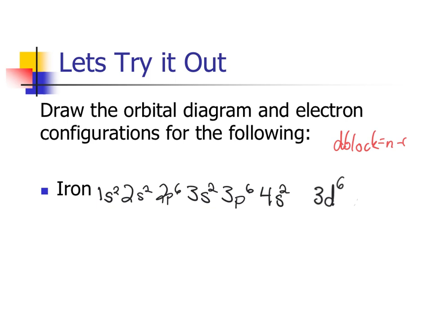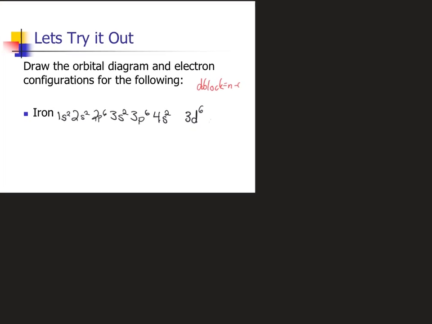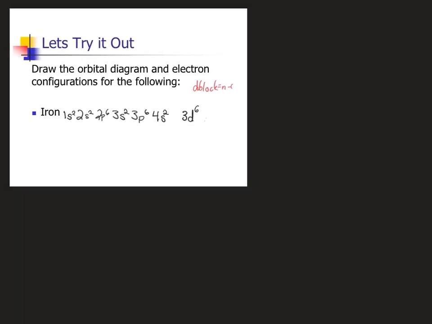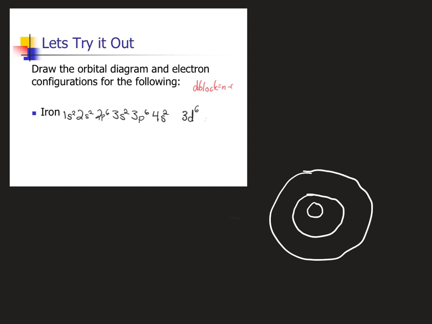Now the orbital is going to get pretty crowded, so I'm going to minimize some things here. And so for that, we need to again have 4 rings, because it is in the 4th row, even though it might not have as many as we think. 1, 2, 3, 4.